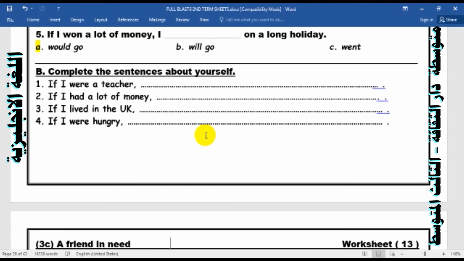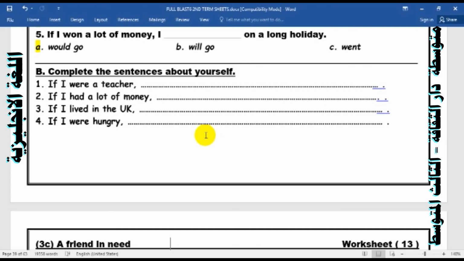The main clause هنا it must be would or could plus verb 1. لازم اجيب would او could plus verb 1. Try to complete the following sentences about yourself. احنا هنسيب لكم الجمل دي رجاله، كل طالب يحاول مع نفسه كده يحل ويجيب جمله عن نفسه.